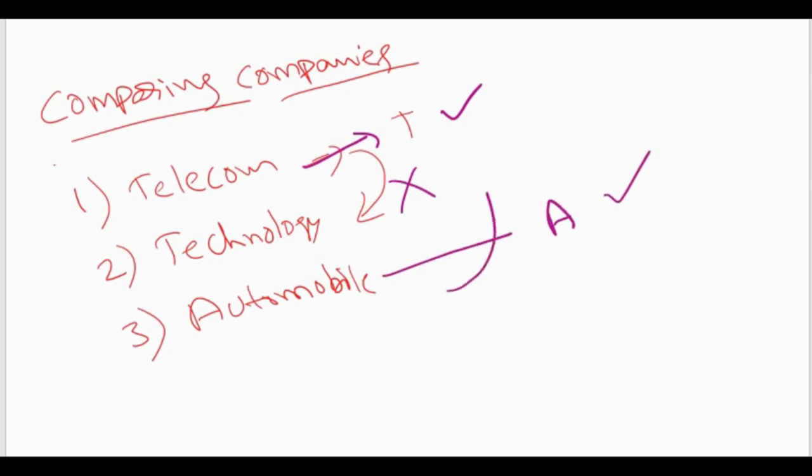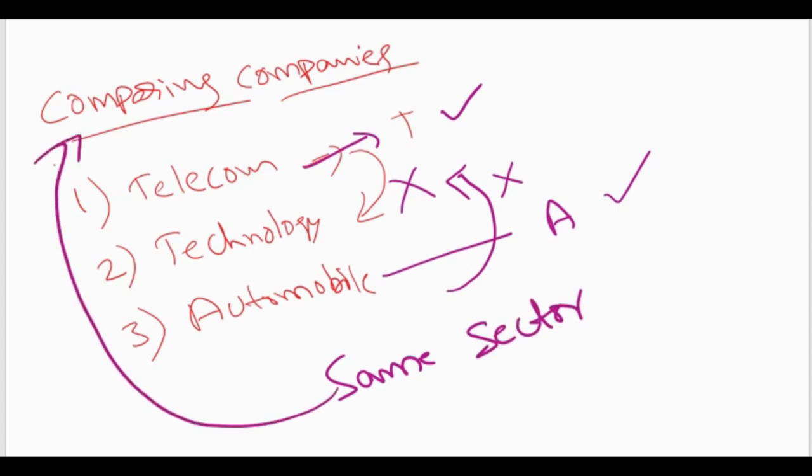But if you compare with technology, then that is the wrong way of comparison. So basically you need to compare companies in the same sector to get the better analysis, correct? Financial analysis.